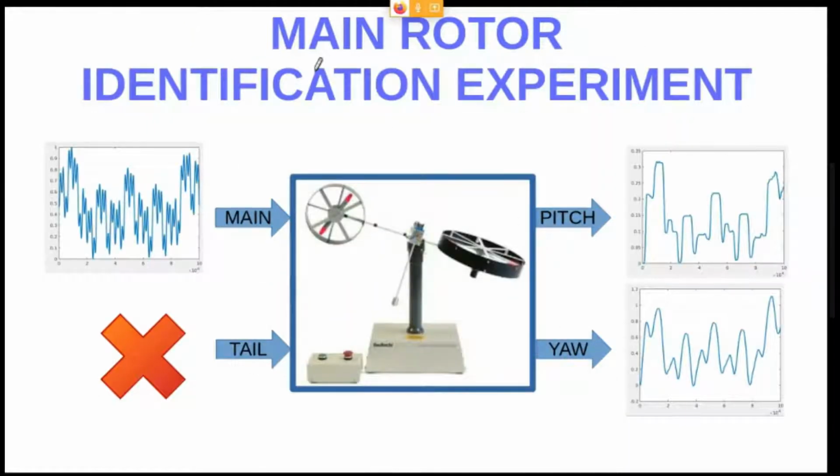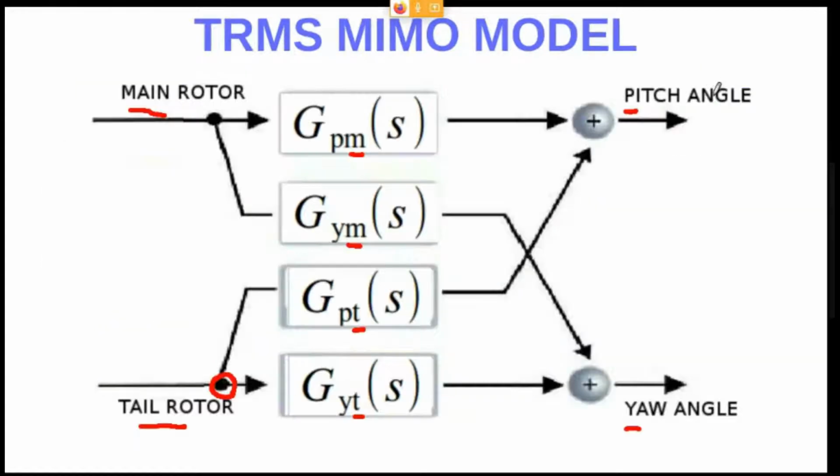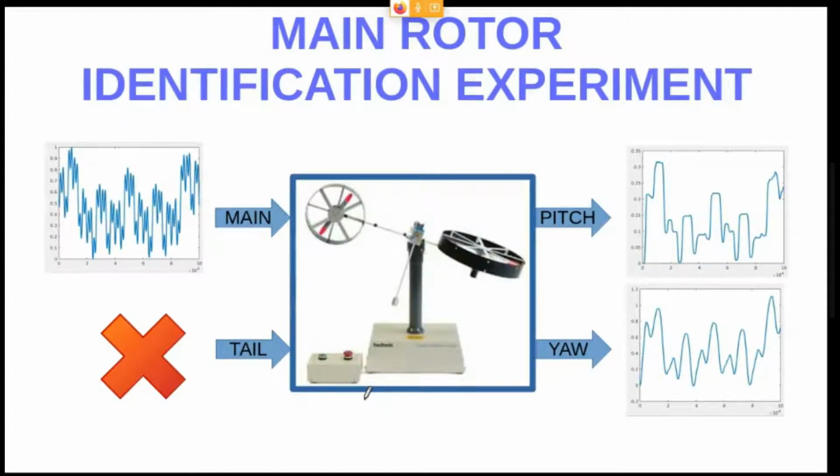Then we have applied, first of all, a main rotor identification experiment, because we want to find all the coefficients for these four transfer functions, right? But we don't have the physical laws. We don't have all the parameters about these physical laws. We don't have any information about the behavior of this system.